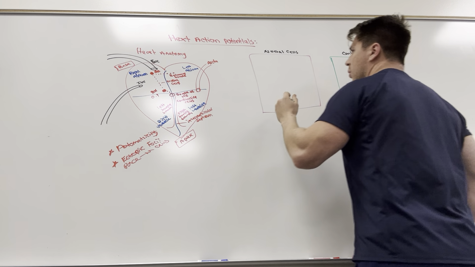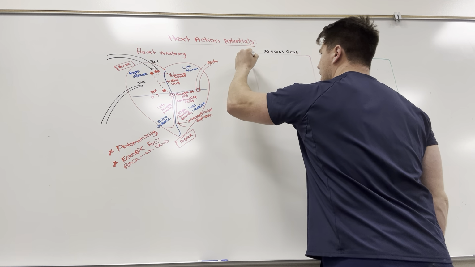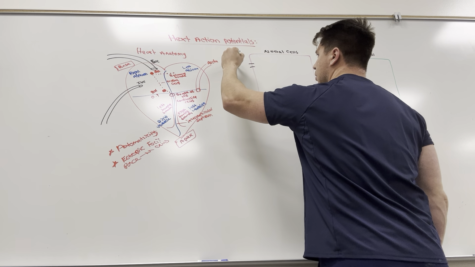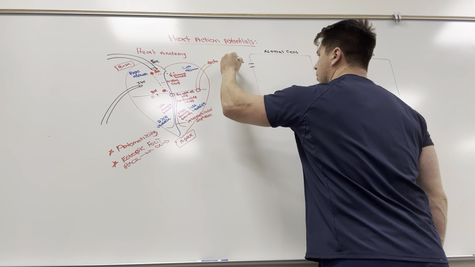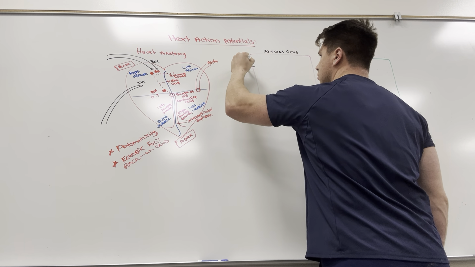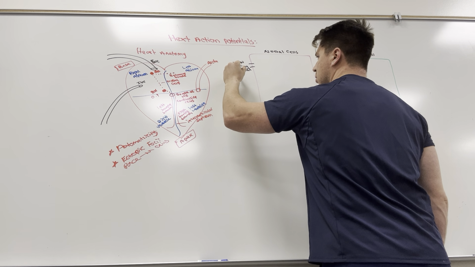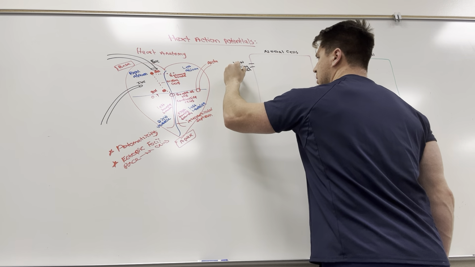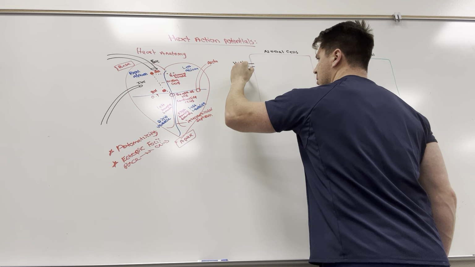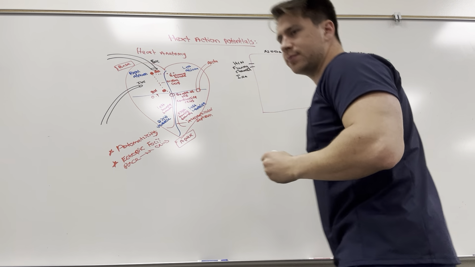Okay, so what we end up having is this channel on the membrane here called HCN, and we call it a funny channel. Now on the graph that we use in the textbook, this is also going to be called an INA channel.